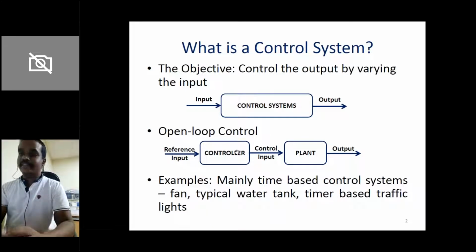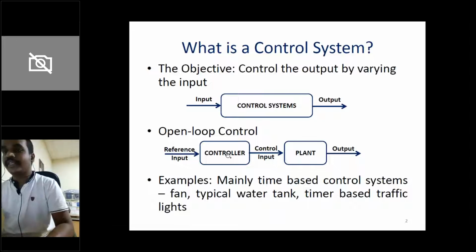So this controller is a kind of static mapping between the speed and the voltage which is going to the DC motor. For example, in a very simple case, the static mapping is 1:10, or 1 by 10, or something like that.